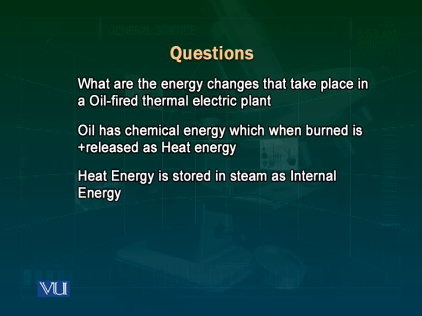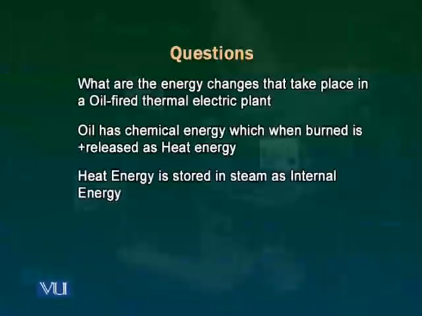The heat energy is then transformed into internal energy. In other words, water which we have there in the boilers is heated and converted to steam. Because there is no net movement of water, we say the internal energy is increasing.